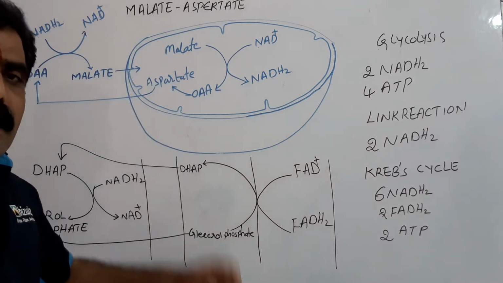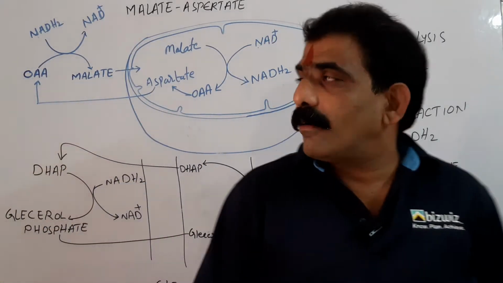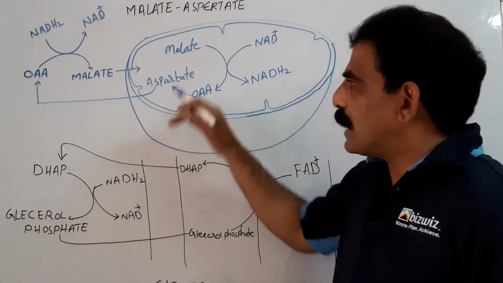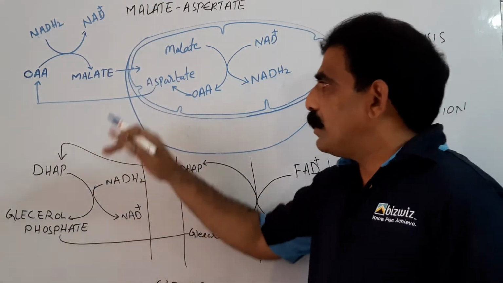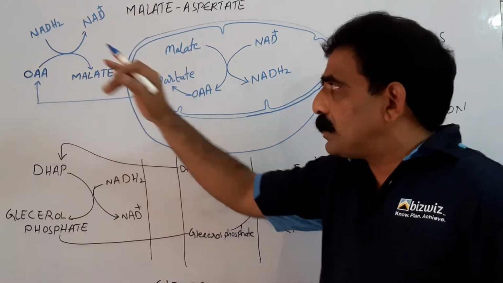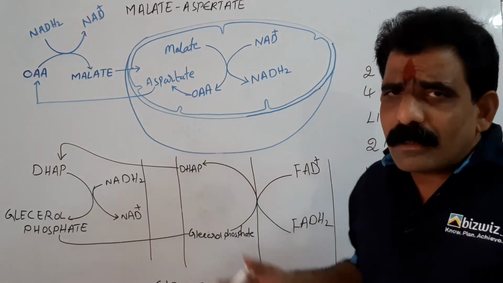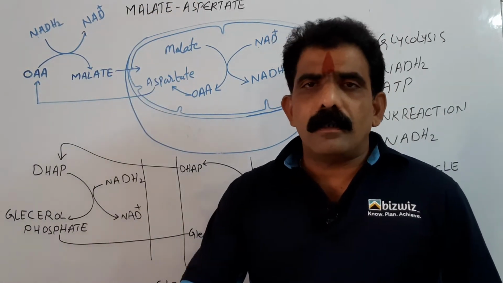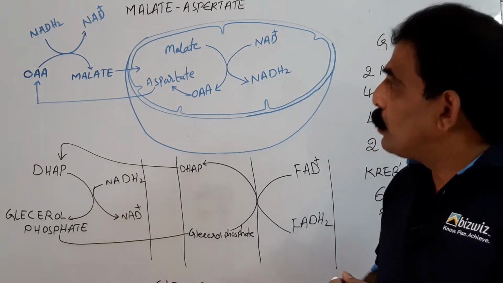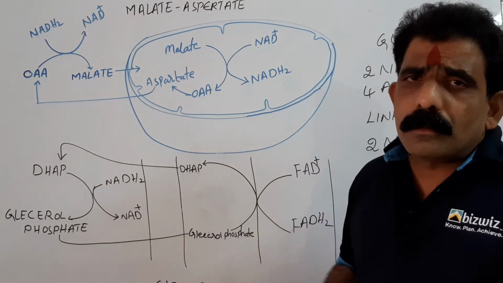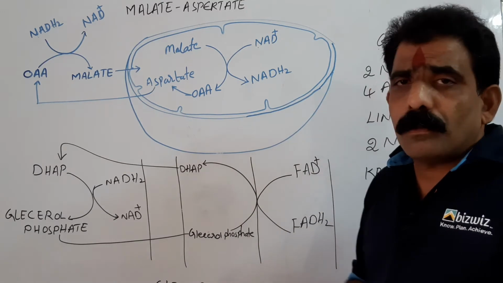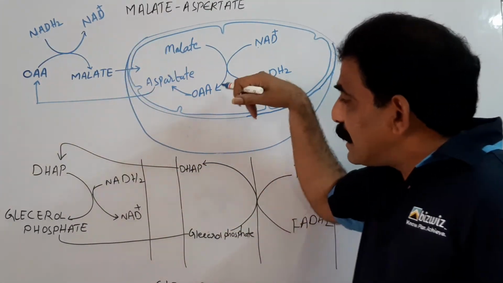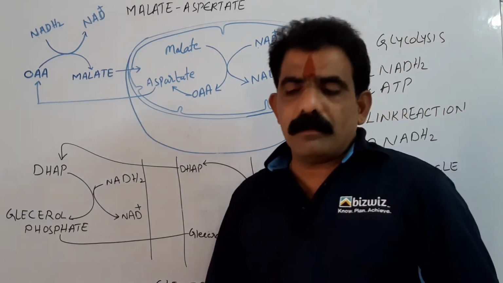Aspartate can cross the mitochondrial inner membrane because the membrane is permeable to aspartate. So aspartate comes out, and through deamination again forms oxaloacetic acid. So what happened here? Nothing, just NADH2 transferred its reducing equivalents to NAD+, so that NAD+ is again reduced to NADH2. So in the malate aspartate shuttle, even inside the matrix, NADH2 only is formed.